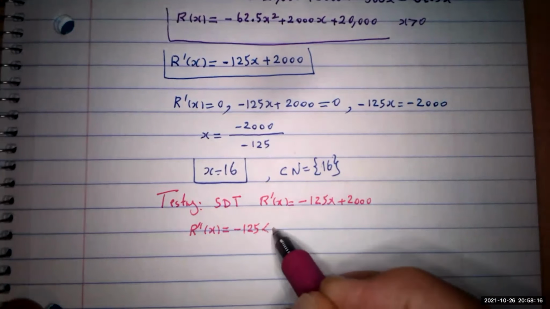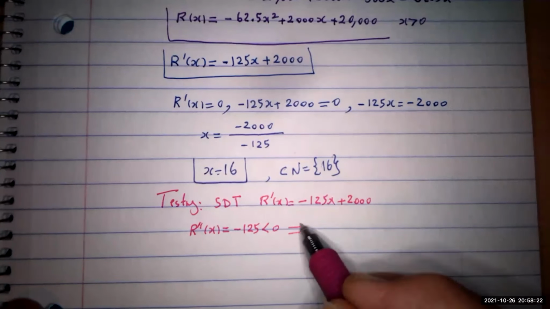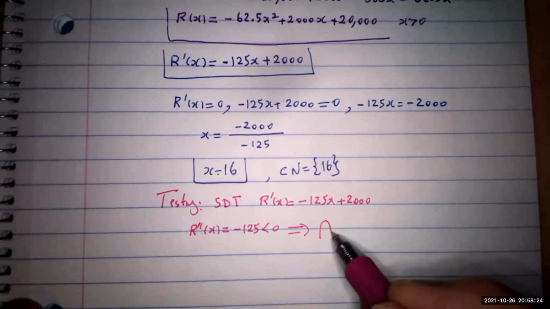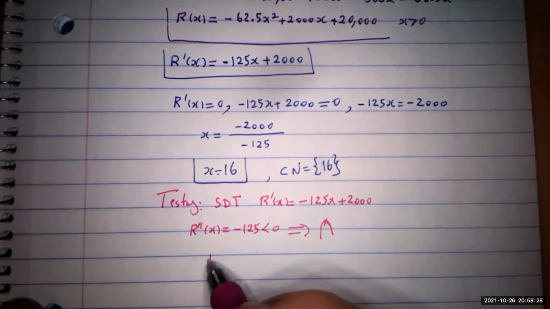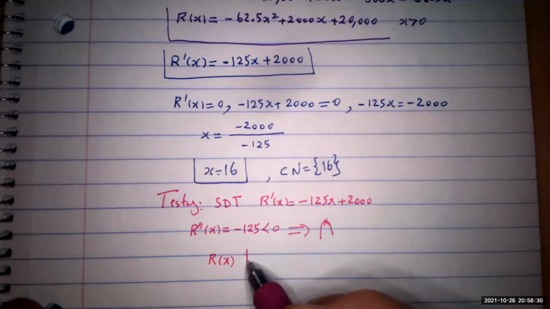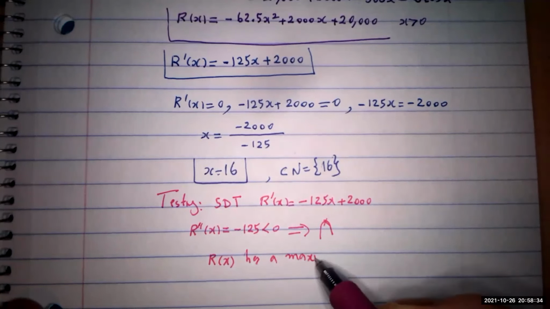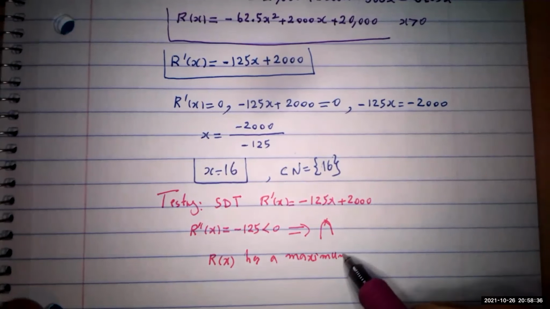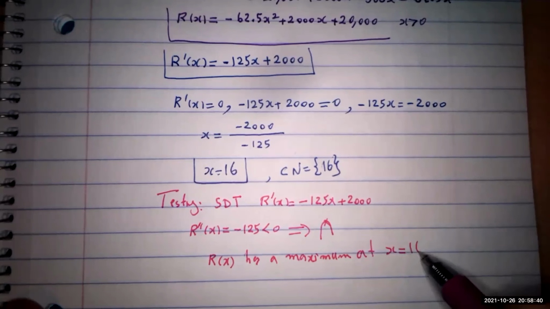And this is a negative number. And R double prime, you know, gives you concavity. So negative means concave down, so we have a maximum. Okay, so R of x has a maximum at x equal to 16.